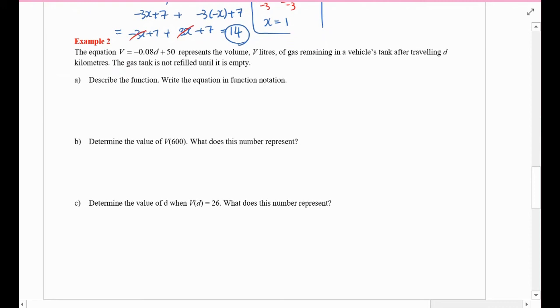Example 2. The equation V equals negative 0.08D plus 50 represents the volume, V liters of gas remaining in a vehicle's tank after traveling D kilometers. The gas tank is not refilled until it's empty. Describe the function. Write the equation in function notation.